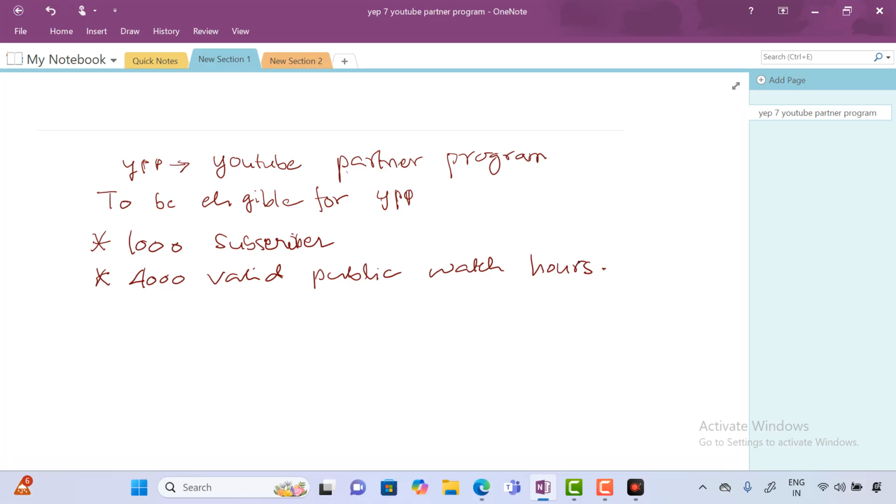Okay, so recently YouTube has introduced a lower tier of YPP eligibility in some regions, where you will be granted earlier access to the fan funding feature, that is, excluding ad revenue.